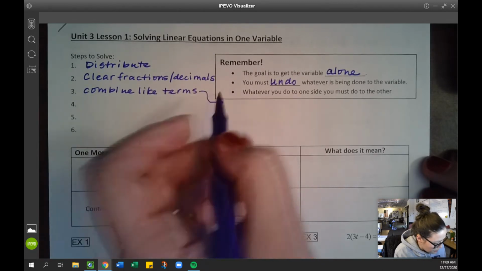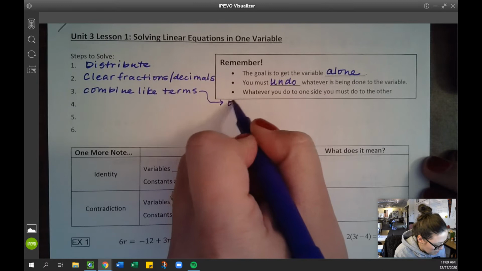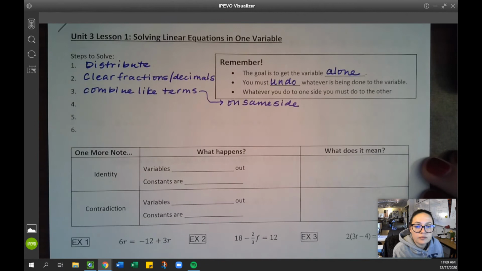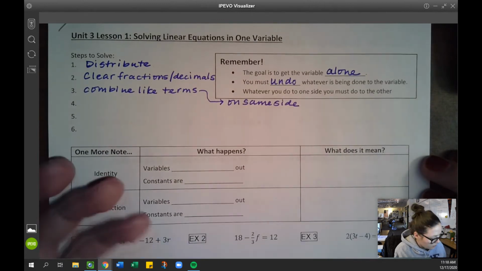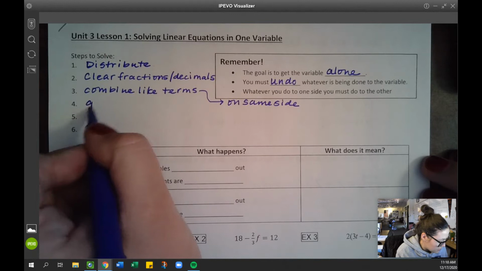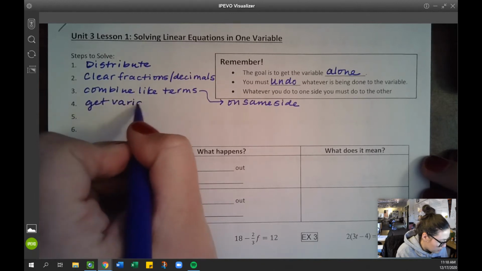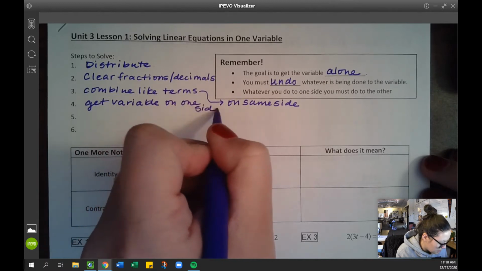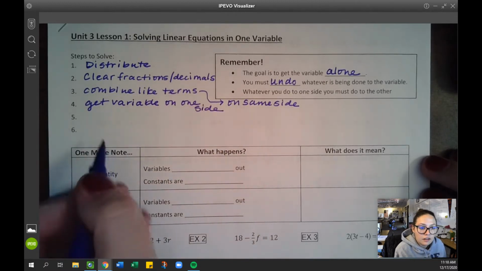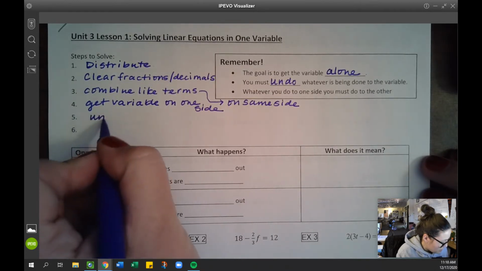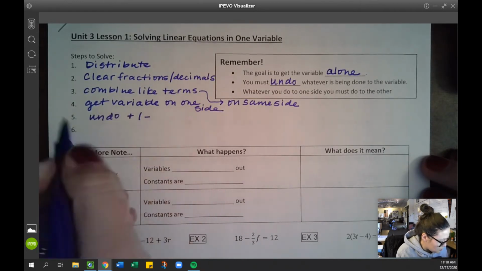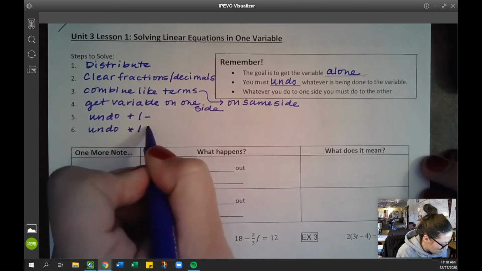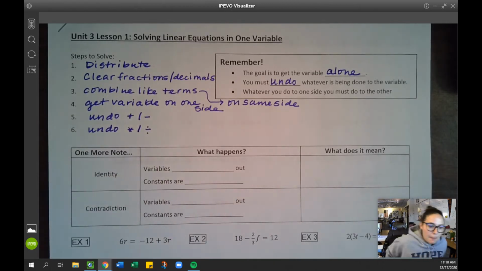And I'm going to put a note that are on the same side. Step 4 is to get variable on one side. Step 5 is to undo addition or subtraction. Last step is to undo multiplication or division.